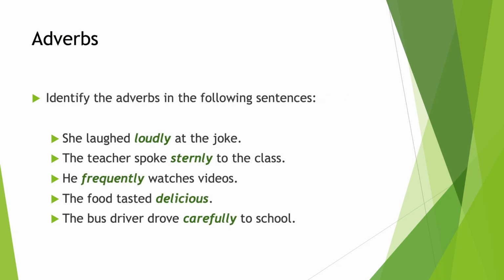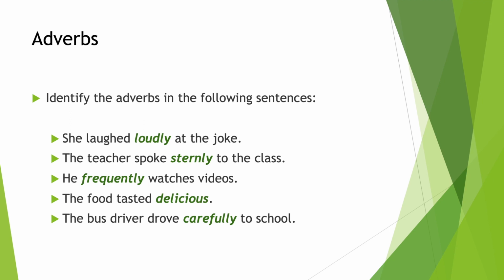Okay, let's review. She laughed loudly at the joke. The teacher spoke sternly to the class. Loudly is the adverb. It tells how she laughed. Sternly is the adverb. It tells how the teacher spoke to the class. He frequently watches videos.